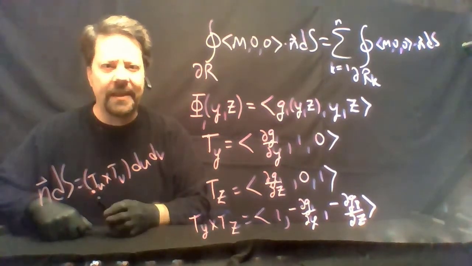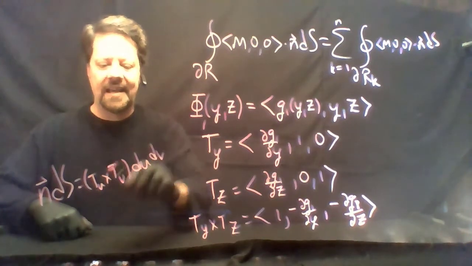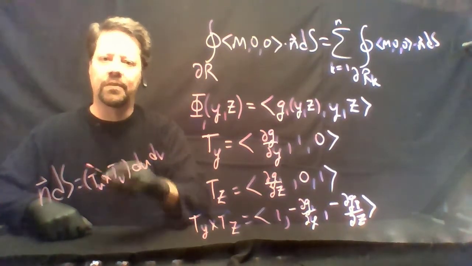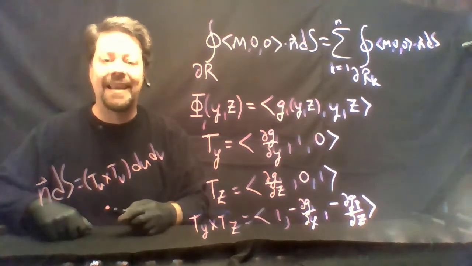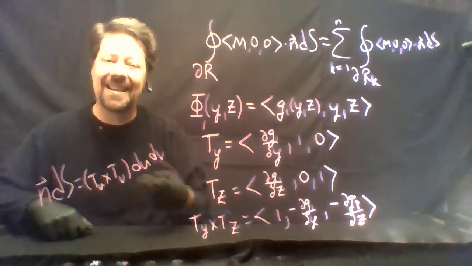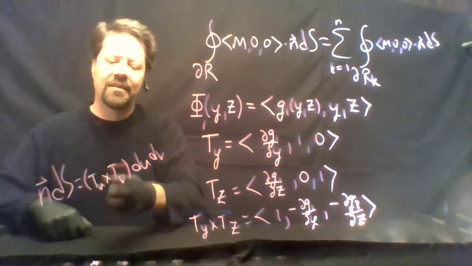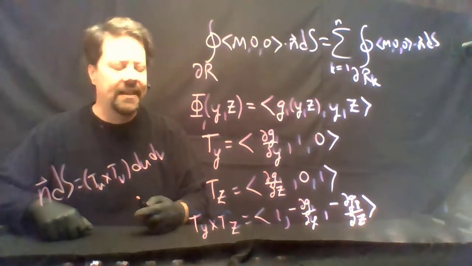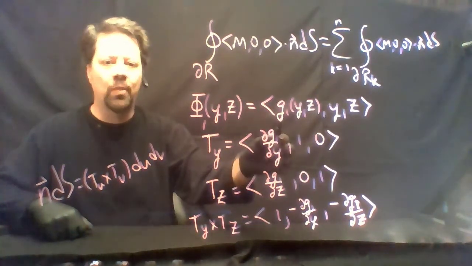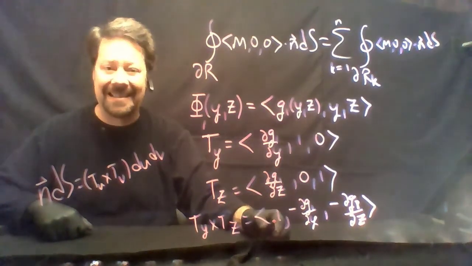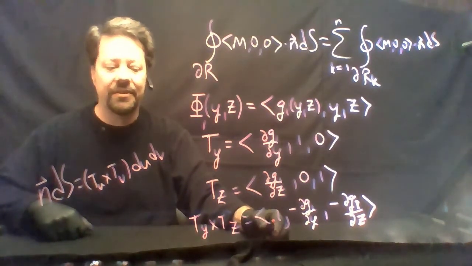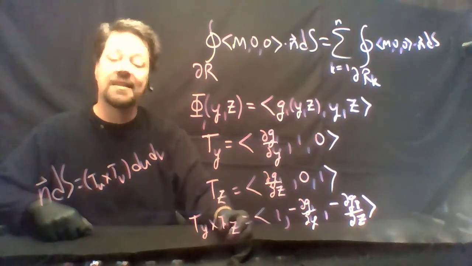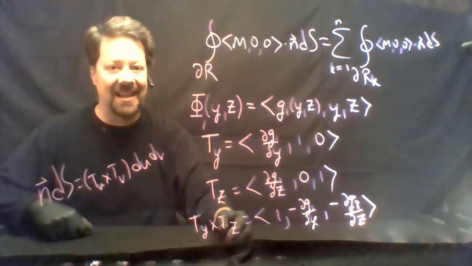The one thing that we need to be careful about is that the order of the cross product will determine whether we have an internal normal or an external normal. You have to examine that to figure out which way it's pointing. In this case, we're on the surface G1, and we have a positive i component to the cross product Ty cross Tz.